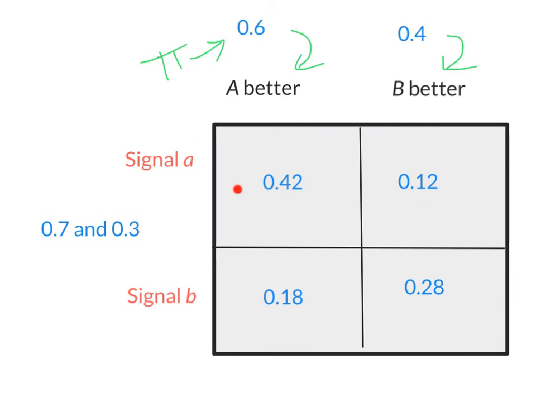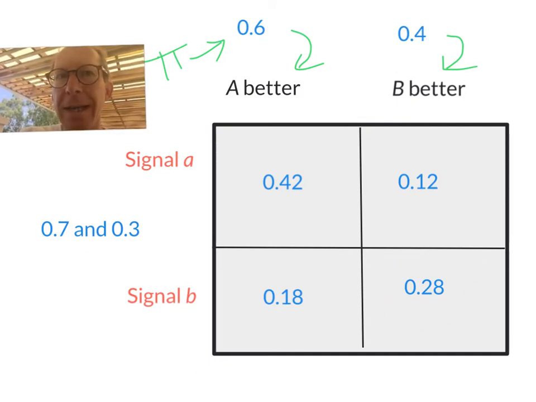So it's 0.7 times 0.6, 0.42 is the probability that both A is better and we receive the signal little a. Similarly, if we see signal A, then the chance of us being over here is 0.3. The ex-ante probability that B is better is 0.4, so our ex-ante probability of B being better and seeing signal A is 0.4 by 0.3, 0.12. Similarly here, 0.3 by 0.6, and 0.7 by 0.4.